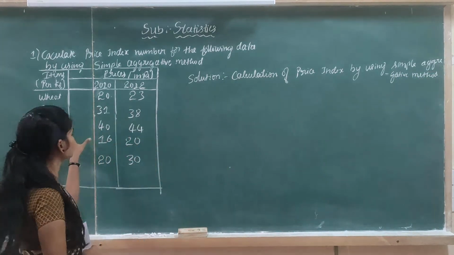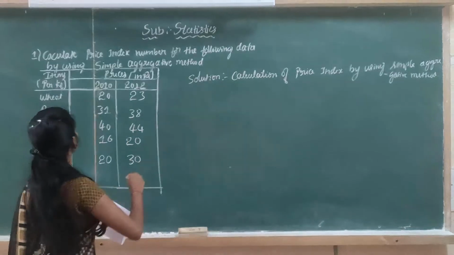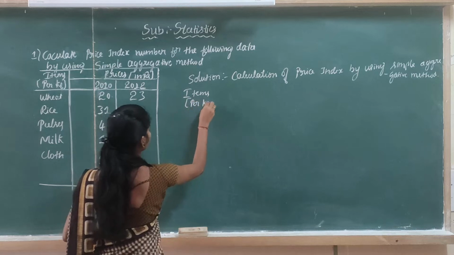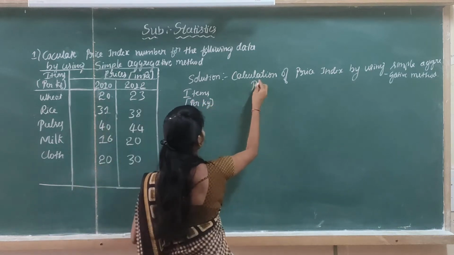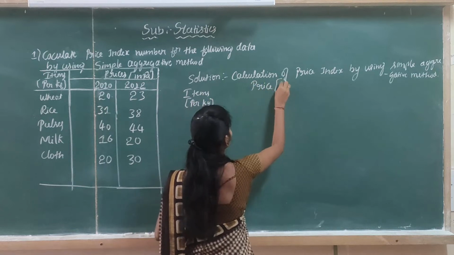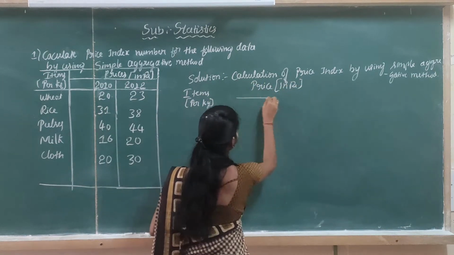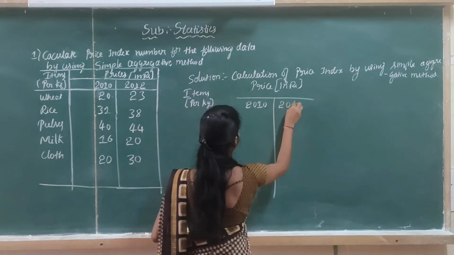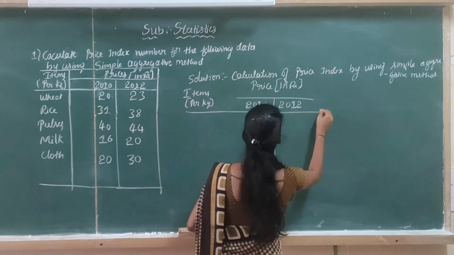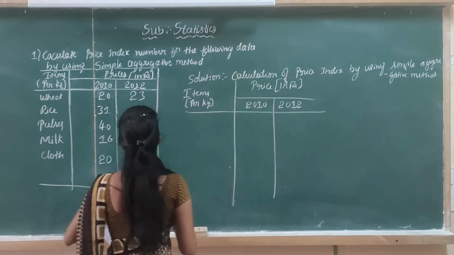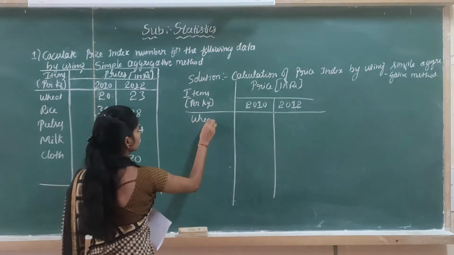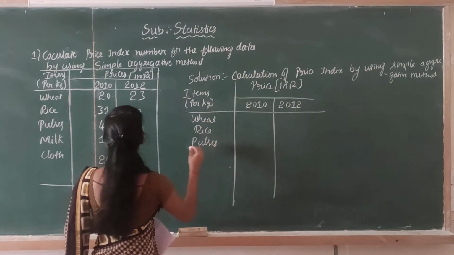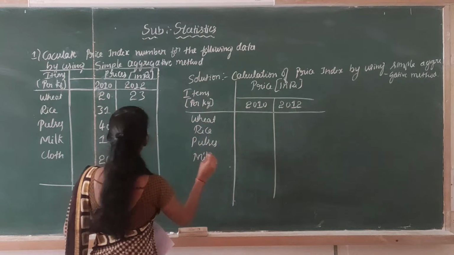Once again, write this formula. Here the items are per kg, and the prices are in rupees, for the years 2010 and 2012. The items are wheat, rice, pulses, milk, and then cloth.